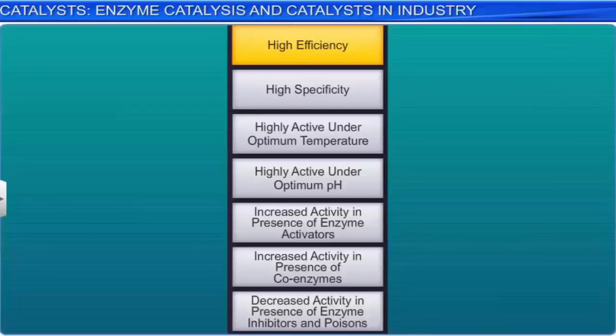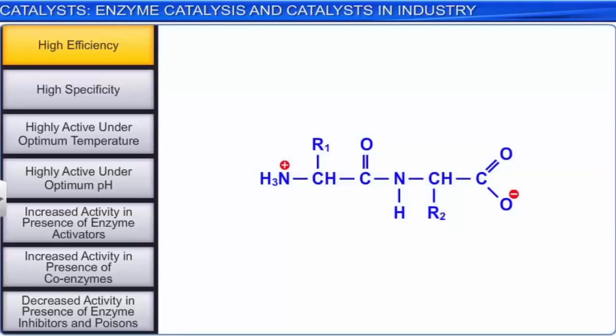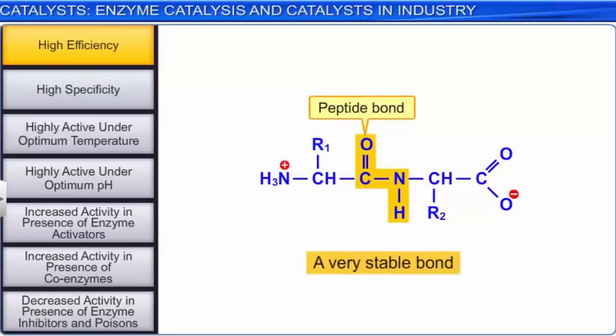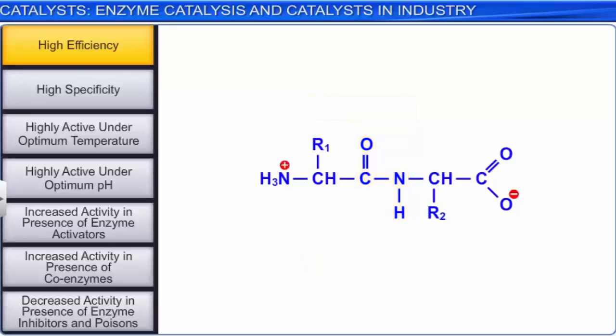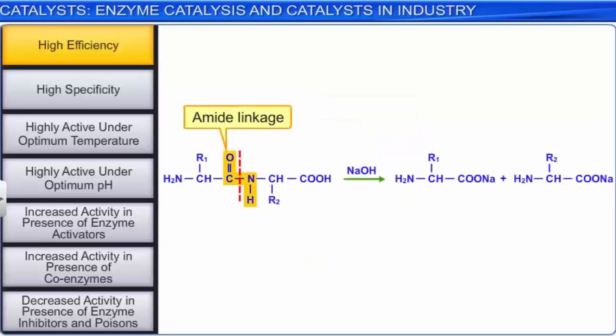We know that a peptide or an amide bond is a very stable bond. The hydrolysis of an amide in the laboratory requires it to be heated with an alkali for a few hours. The proteins in our food contain peptide bonds.